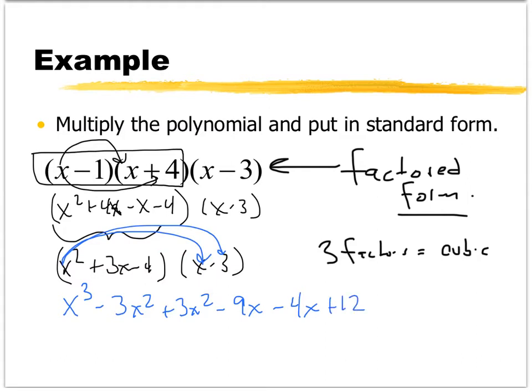So I've distributed everything, and now I'm going to combine like terms to put it in standard form. Now the way that I've organized it, I've made sure that this is in standard form, this is in standard form, and this is in standard form. So when I distribute everything, notice how it's pretty much in standard form. I just need to combine everything. So it's nice and organized when I get to the final step.